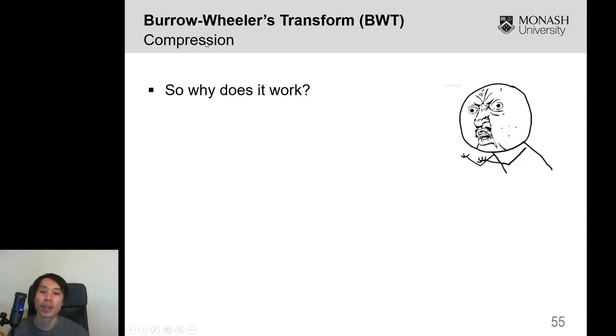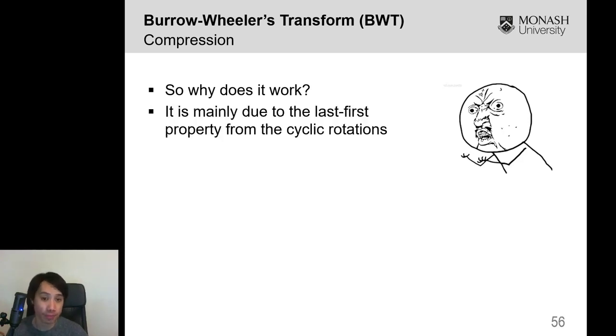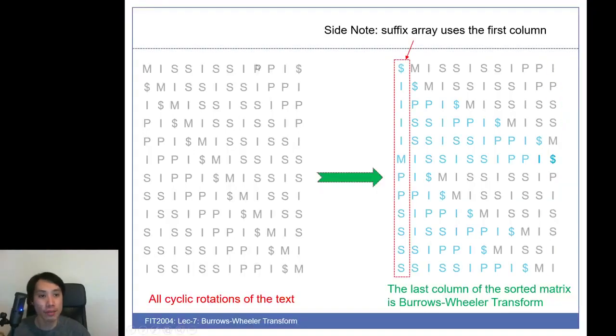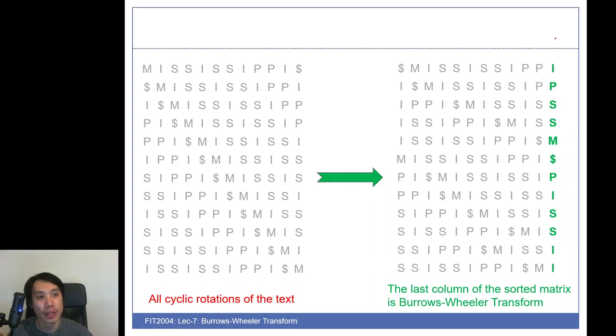Now, why does your BWT actually group similar alphabets up? It's because of the last and first relationship. If you see here, this is my last, here is my first.